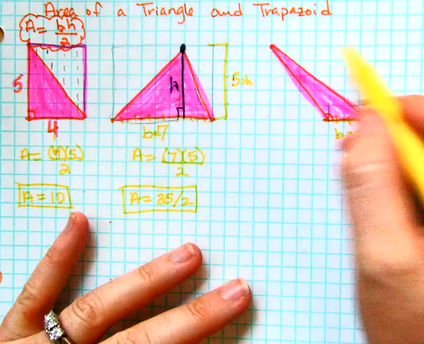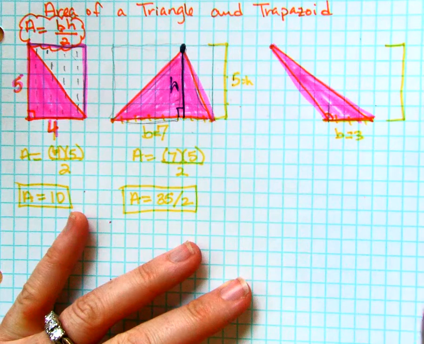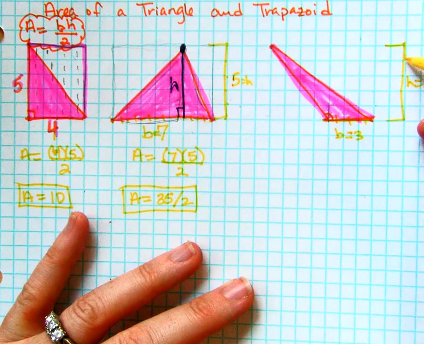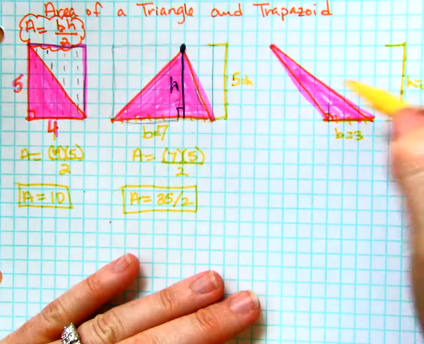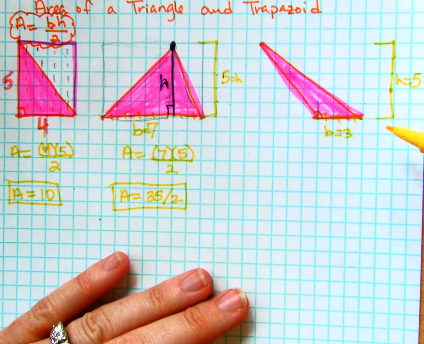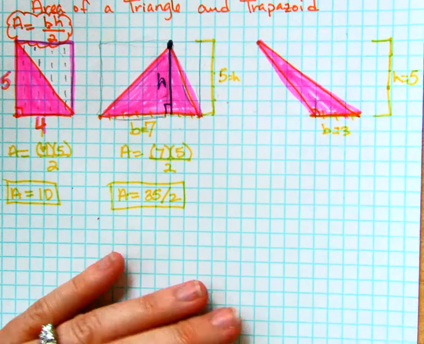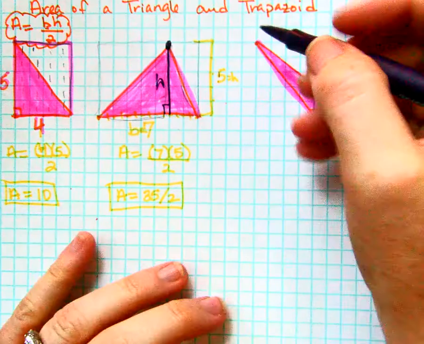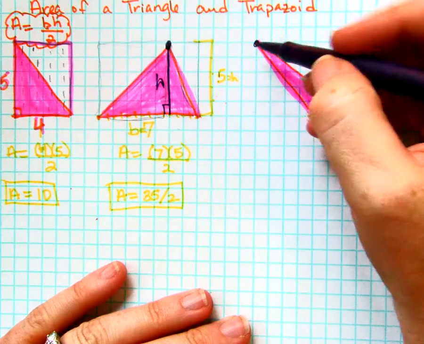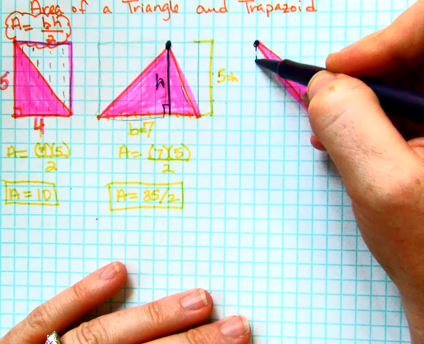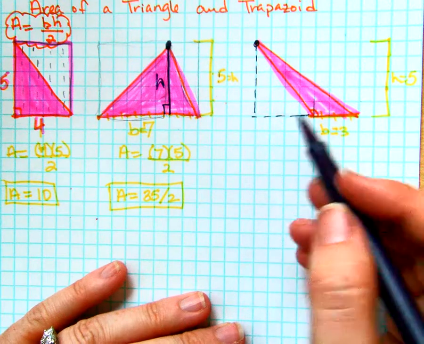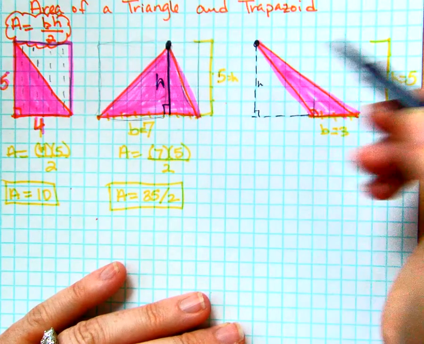And our height, you can come out here and sort of see that our height is 1, 2, 3, 4, 5. Again, see, all of these have a height of 5, even though they all look totally different. On IXL, what they're going to do is come to this very highest point in the triangle, the highest vertex, and come straight down and create this right triangle outside the triangle to show you the height.